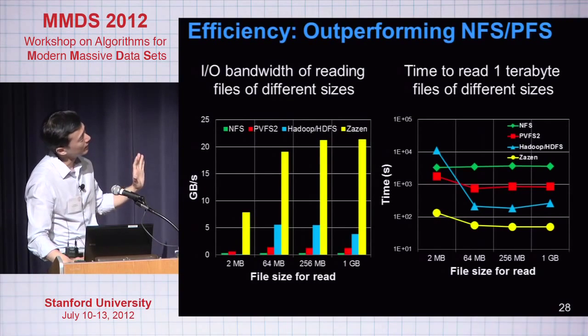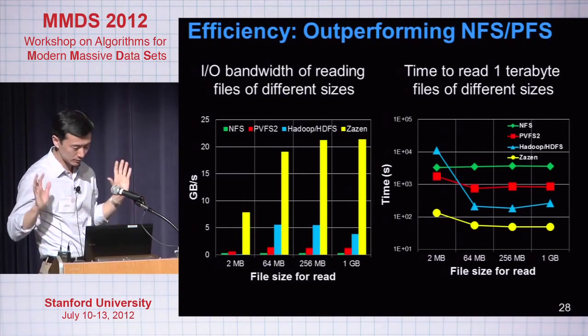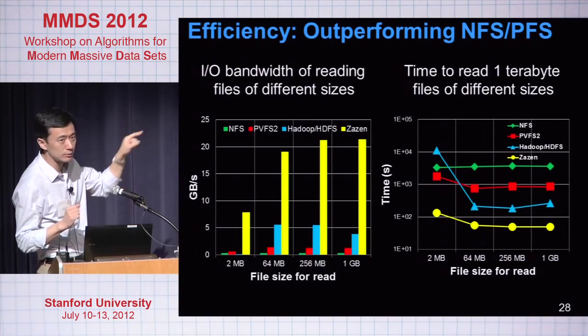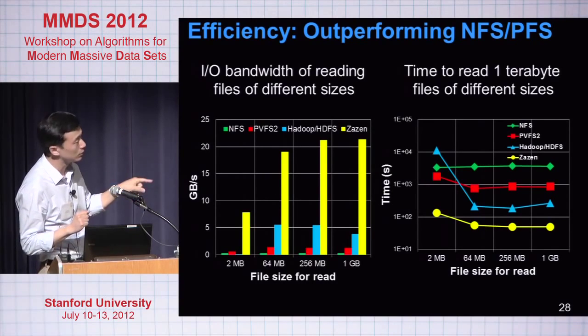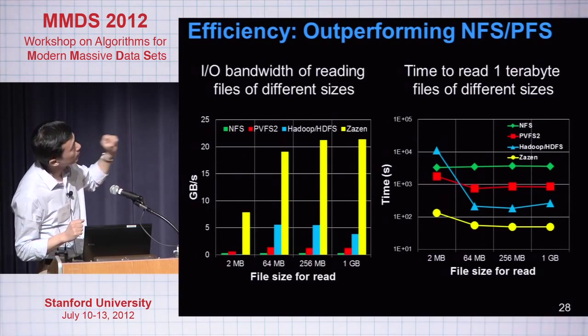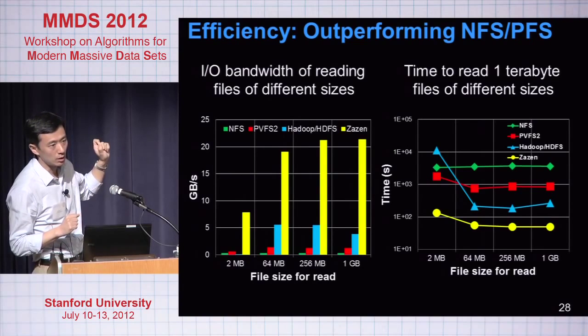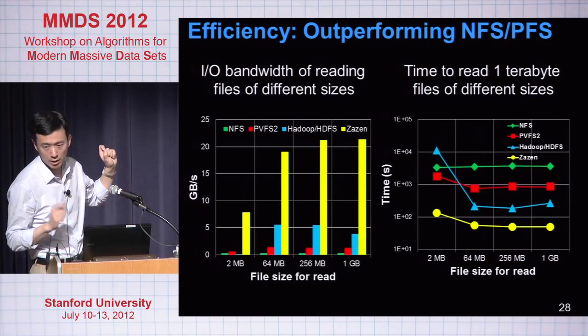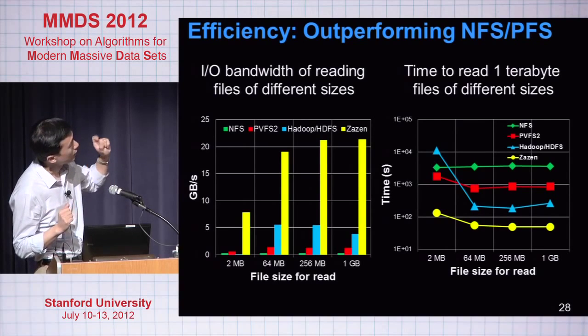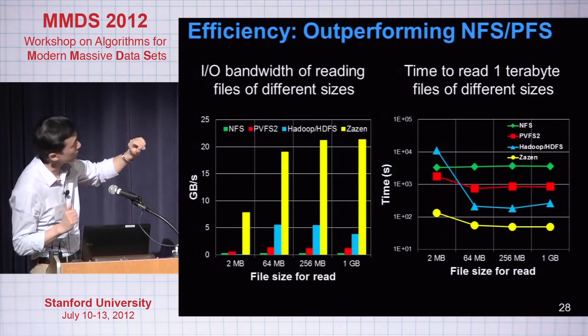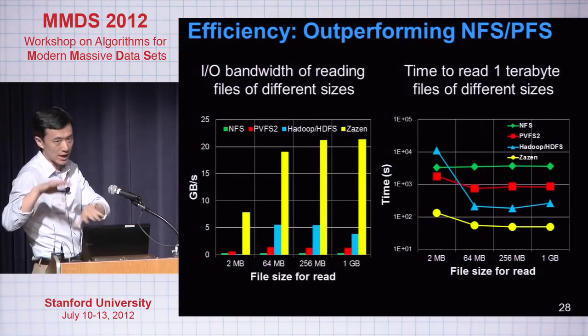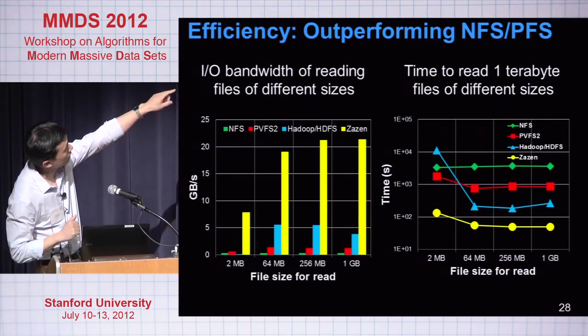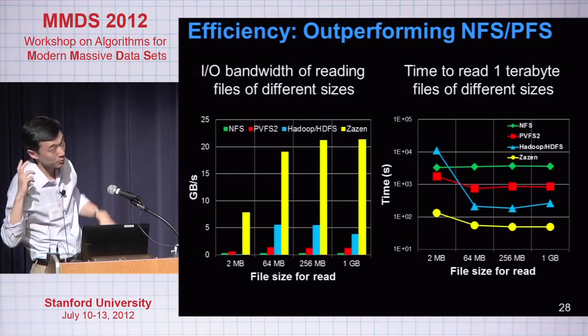And this is a very brief indication of the performance of the system compared to NFS, PVFS2, which is a parallel file system developed at Argonne National Lab, and Hadoop, actually HDFS, with Zazen, this caching system. The yellow bar shows the aggregate read bandwidth on 100 nodes.